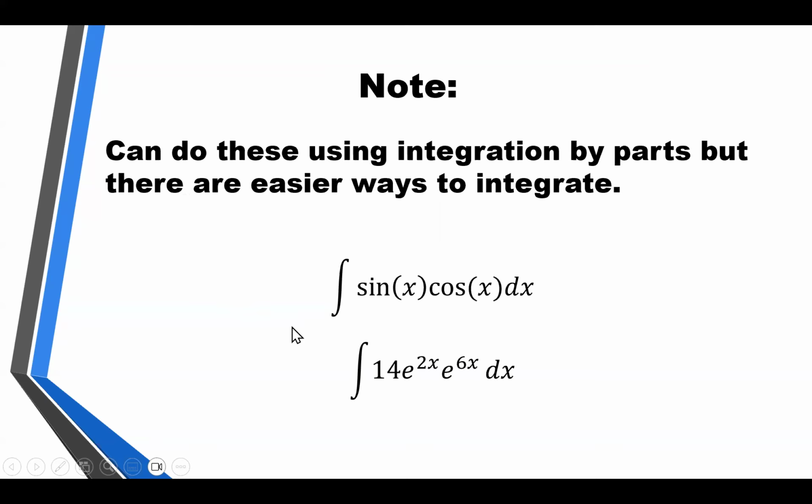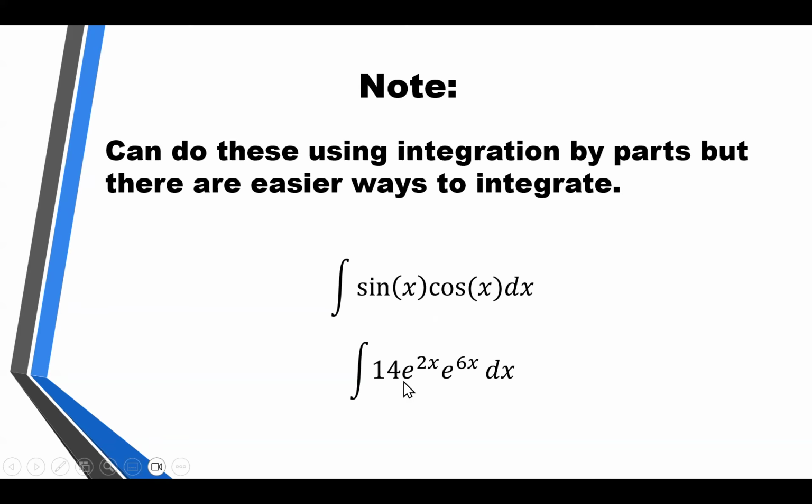Now, again, integration by parts is one technique of many. We saw substitution. We've seen some basic rules. You can actually use integration by parts in things like sine times cosine integrated with respect to x. But integration by parts is not a very useful and effective way to do that. It's not the most effective.